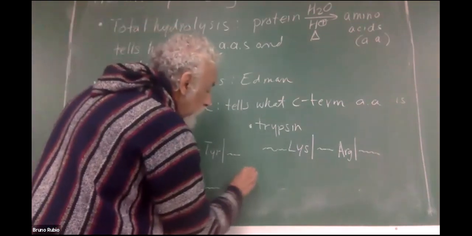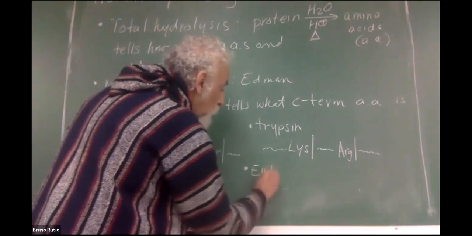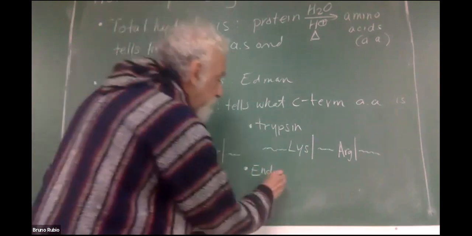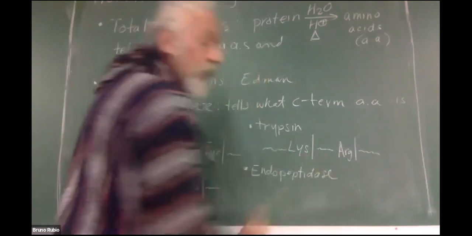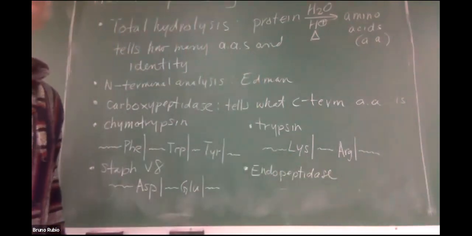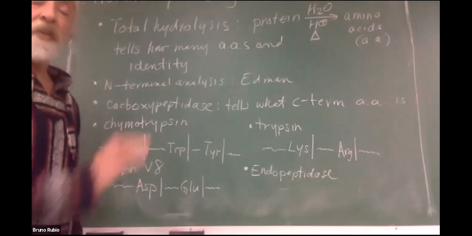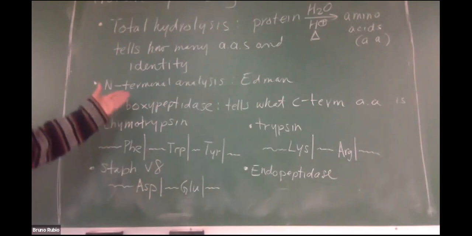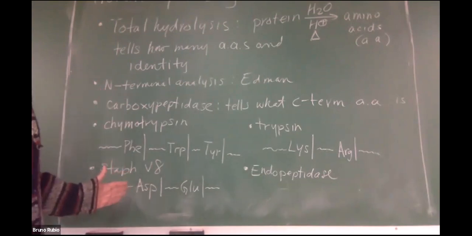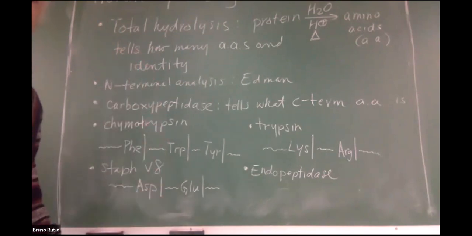Finally, we have endopeptidase. And this is another digestive enzyme. It's a little bit different from the other enzymes that we've talked about because chymotrypsin, trypsin, and staph V8 break after an amino acid.